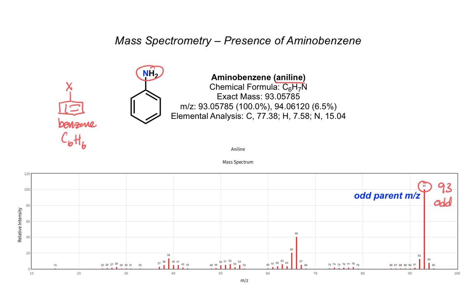Because it's odd, it's telling you that there's an odd number of nitrogens. The best assumption to make on your first pass through is, okay, there's one nitrogen. Then you take out 14 mass units from the 93, and then you run through that exercise we started the lecture with in determining the maximum number of carbons.